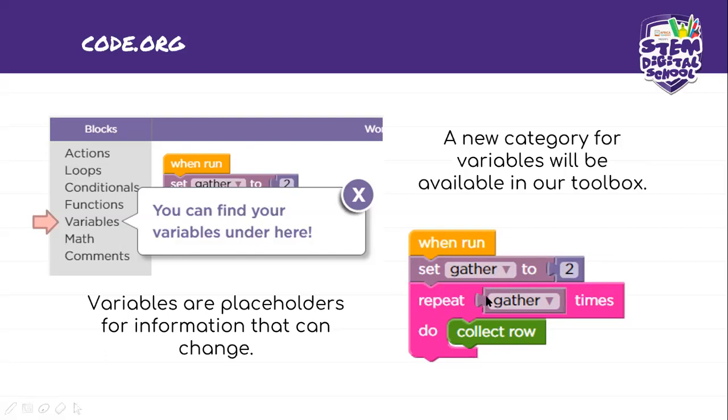Every time we use gather, even if we use it 100 times in our code, if I come here and change the value over here, it will change gather, the word, the puzzle block, throughout my entire code to the new value that I assign here. Okay, so just remember, variables are placeholders. They hold a space. Here we go. What is the space? The value is 2. There we go.